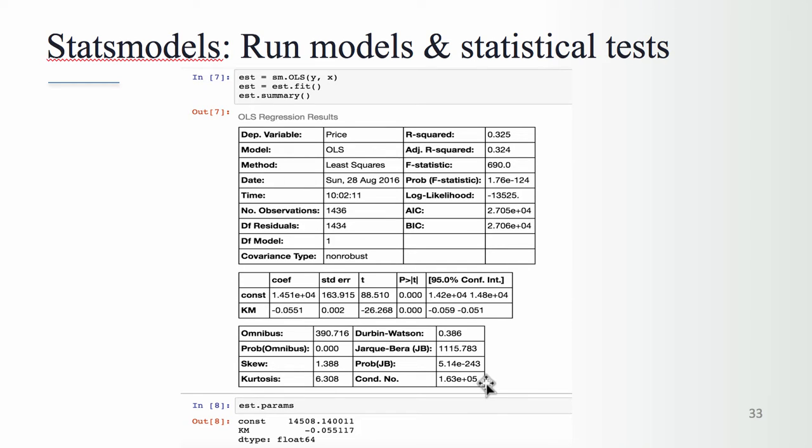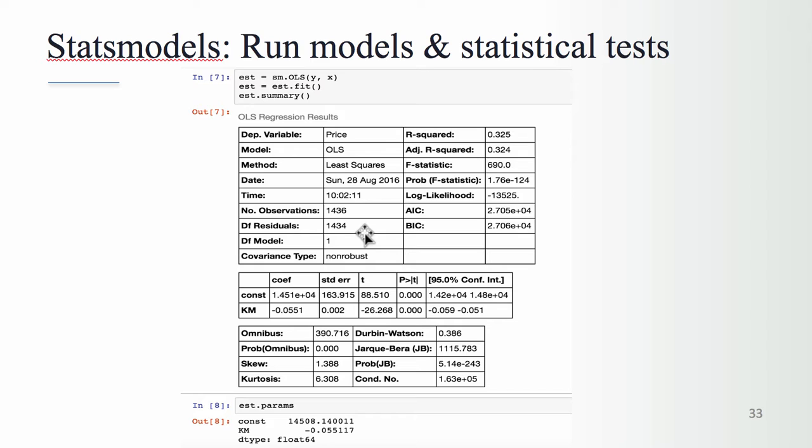Now, I really like this summary a lot. It has a lot of statistics, a lot of information, in addition to just the beta that you saw in the scikit-learn model. Here you can see there were 436 data point observations. The residual degrees of freedom was 1432. The reason there's a difference is because, if you remember from your stats class, the beta, which is the variable x, the kilometer, is 1 degree of freedom, and the intercept is the second one.